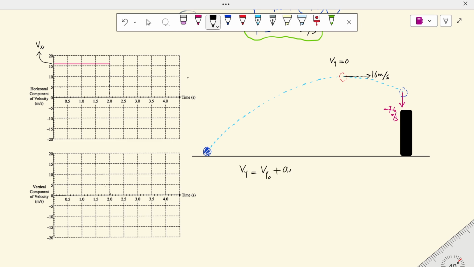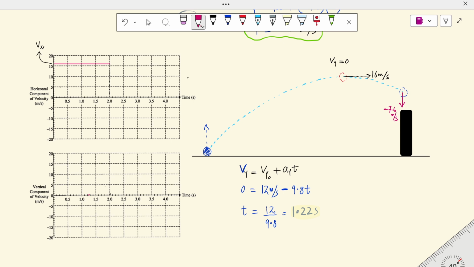That's very simple. I want to know the time, so I put vy0 as 12 meters per second: 0 = 12 minus 9.8 into t. This equation will help you understand at what time the vertical velocity becomes zero. So students, this is the time, 1.22 seconds, which is obviously almost this one.